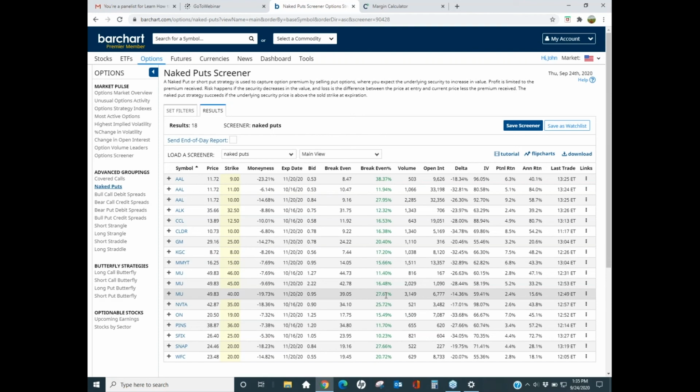And the other thing that I like about today is that I see a surgence in volume. I've got 50% of my volume represented inside of my option open interest. So this is telling me that this is an active strike as of today.